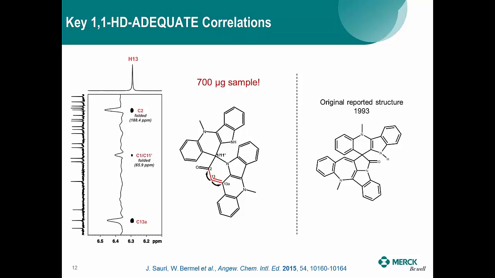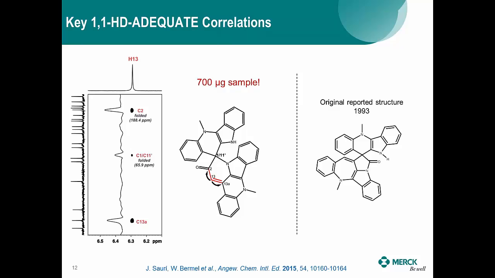So this is telling us that this vinyl proton, proton 13, is 2 bonds away from the carbonyl, which is completely new when compared with the original reported structure in 1993 that you can see on the right. There, this vinyl proton was 4 bonds away, and in this revised structure, this proton is only 2 bonds away.